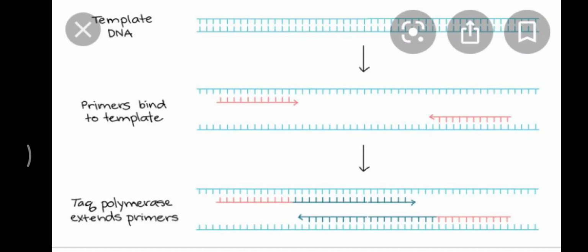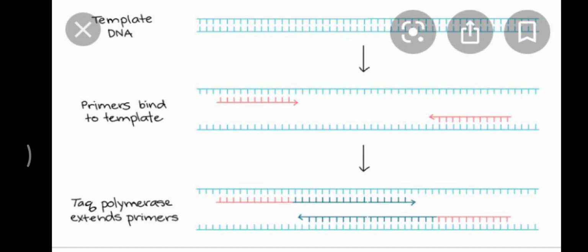In the first step we heat the DNA at a high temperature, around 90 to 94 degrees C. What will happen when the DNA is heated? The 2 DNA strands will be separated, and this separation is known as denaturation. Now every strand acts as a template strand for DNA synthesis.